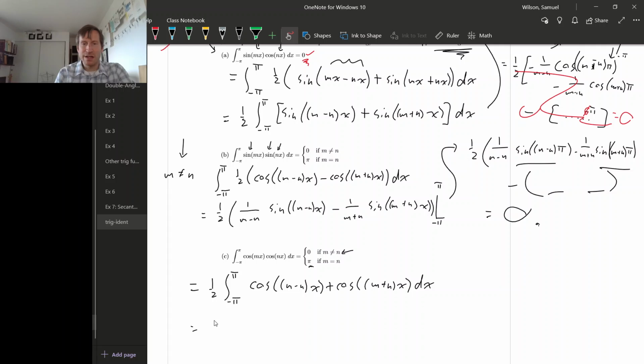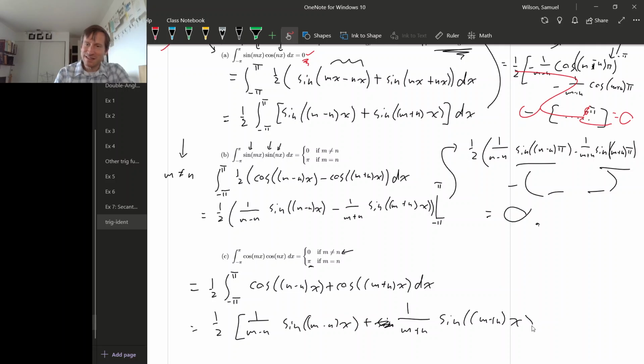All right, and then integrate: 1/2 times 1 over m minus n sine of m minus n times x, plus 1 over m plus n sine of m plus n times x.